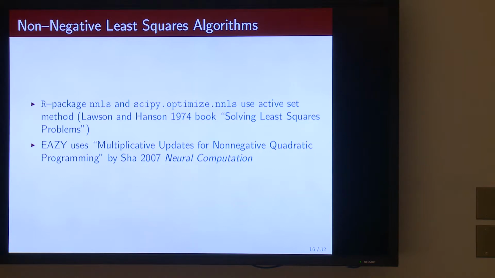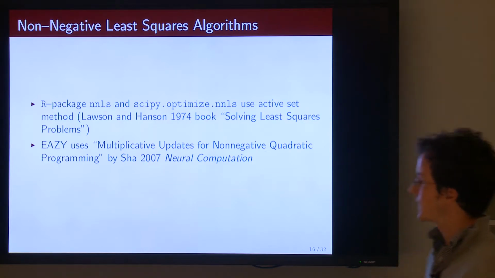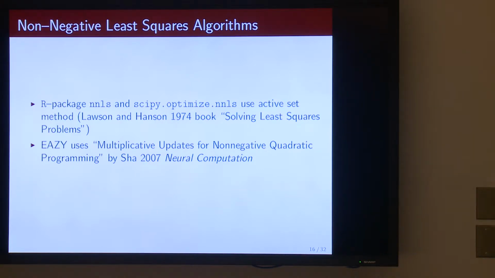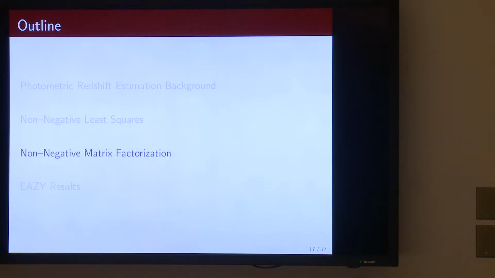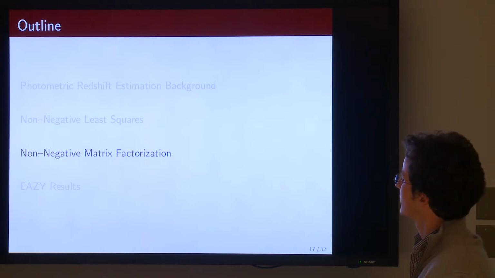This EAZY code, which does the non-negative least squares fitting in order to find a linear combination of templates, uses an algorithm by Shah. Is that all clear? Okay, so that's the first statistical issue that's addressed in EAZY.